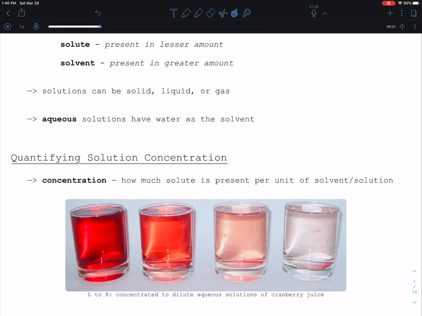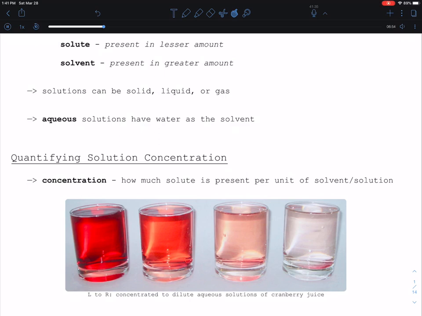And if I took a sample of that resulting solution, put it into that third glass and filled it the rest of the way with water, you'd expect it to be even lighter, and so on and so forth. So what we're looking at is a sample of cranberry juice, and each has been systematically diluted. We've been adding water to a sample of our previously concentrated solution each time.